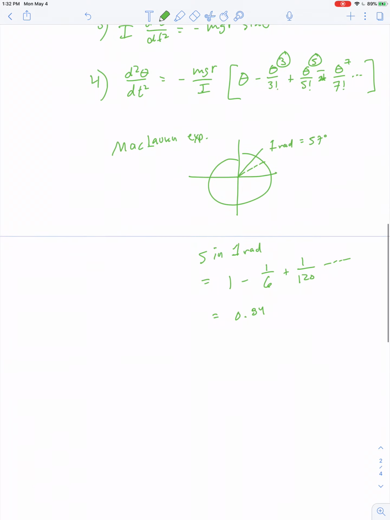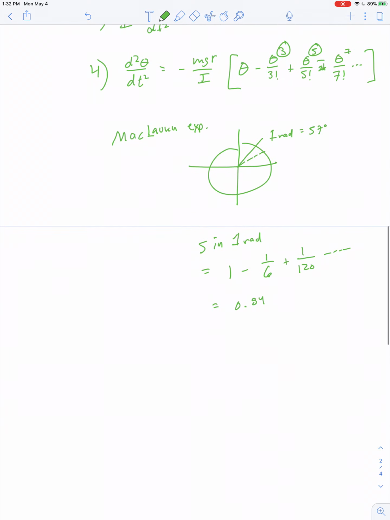Instead of 1, let's try something like 0.2 radians, that's about 11.5 degrees or so.